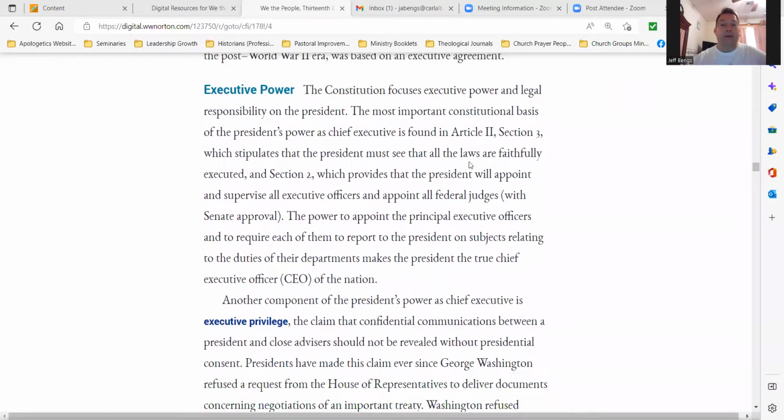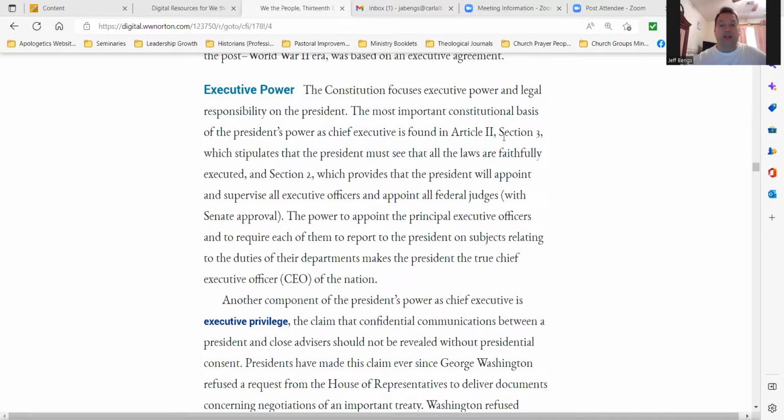Executive power. This is probably what we would think of as the first and foremost responsibility, since this is the executive branch. The president must see to it that all laws are faithfully executed.